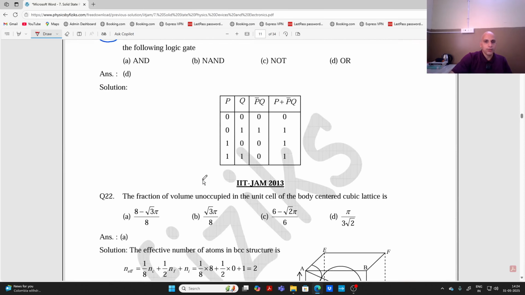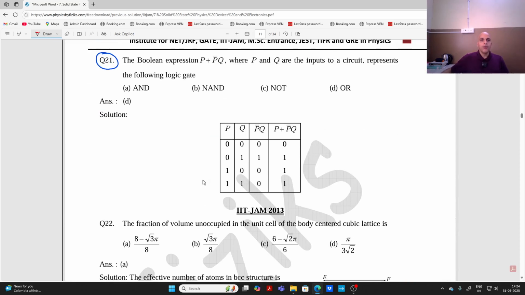Now I'm going to the next question. You can see here the Boolean expression P plus P naught Q, where P and Q are the inputs of the circuit, represents the following logic gate, right? Now you can draw the truth table for P, Q and P plus P naught Q. So you can see here the truth table, it is 0, 1, 1, 1.